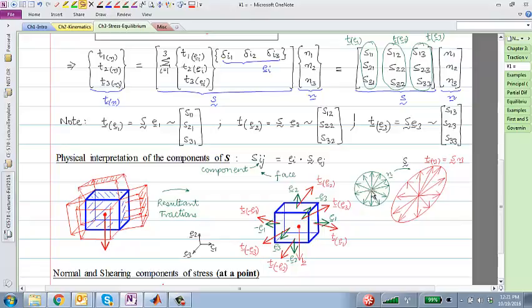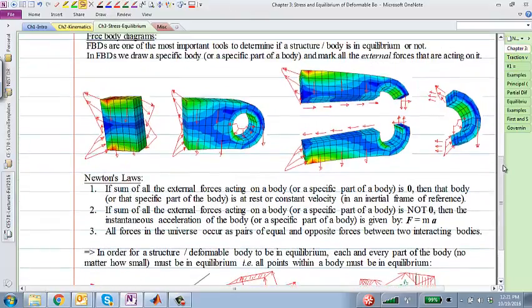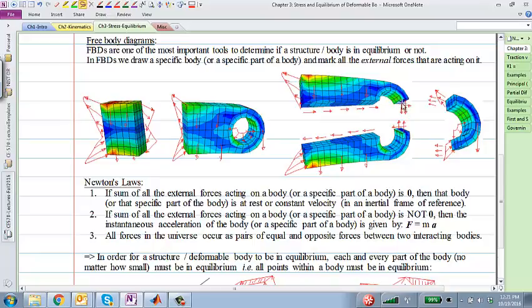So what that means is that, for example, when we were drawing free body diagrams of these things, there is an imaginary cut that I've made, and there are infinitely many points over that cut surface. You must go to each and every point on that cut surface. There is a normal vector to the surface of the cut at that point. You take the stress tensor at that point, act it upon the normal vector, and that's what gives you the traction vector at that point on that cut.